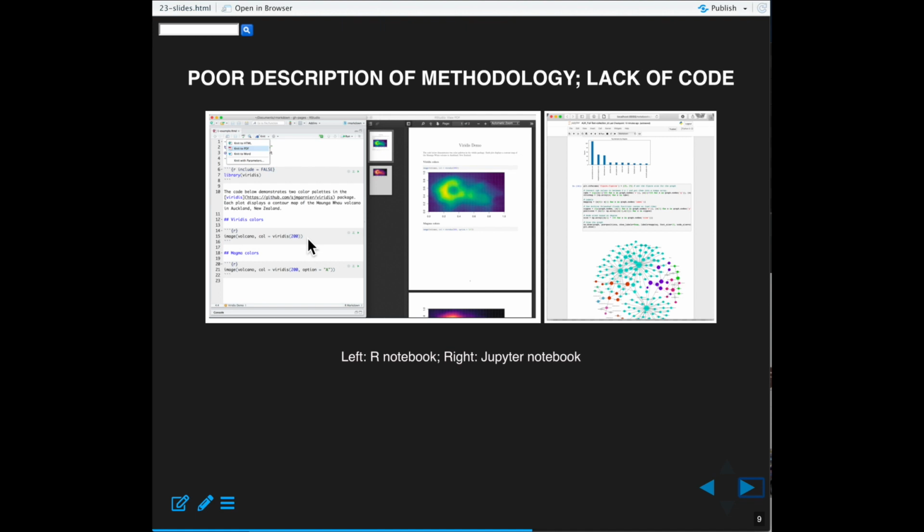So the user will have access not only to your paper, your natural language, your interpretation, but he or she will also have access to the code that you ran, the analysis that you chose, how you set up your training and testing set, etc. Everything is right there. And if the person disagrees, they can go and explore alternative hypotheses.